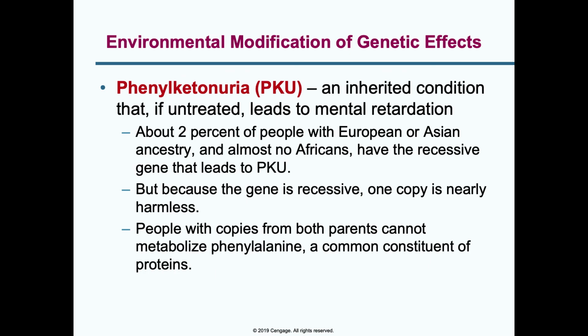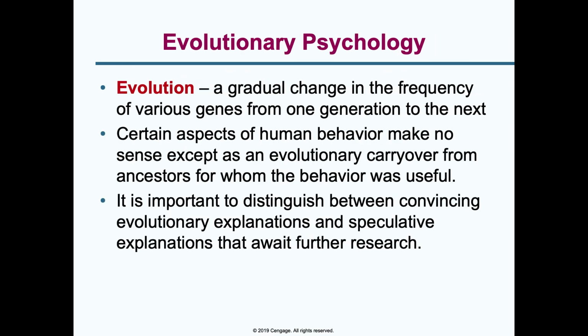But research has found that if we can modify our environment to limit the chemical phenylalanine in your diet, then you can protect the brain and possibly prevent the disorder. That's the idea behind that. Just an example of how we can modify the environment in order to assist with a hereditary piece based on a gene, okay? And then the last slide kind of talks about evolutionary psychology.